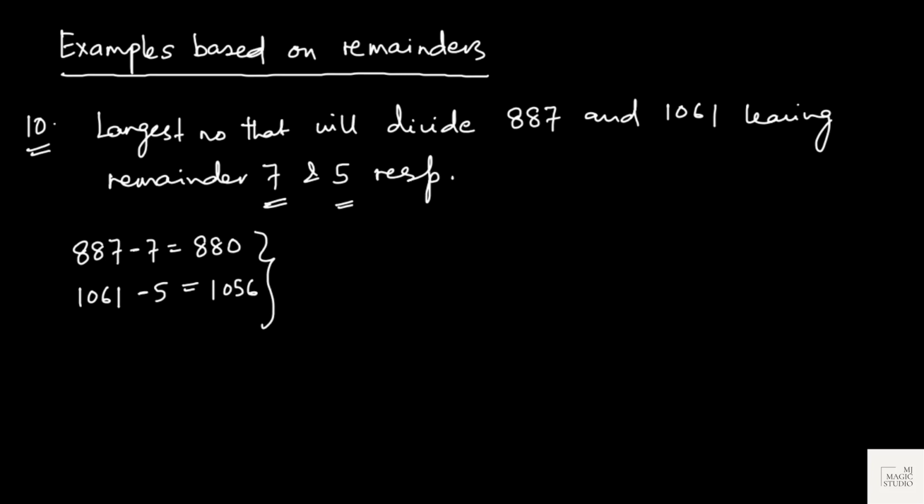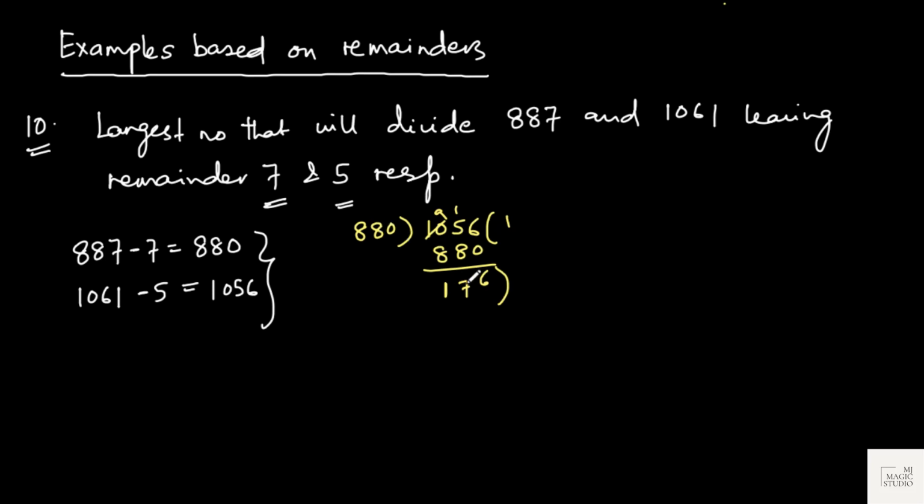Here I'll take up another process to find HCF, known as the long division method. Pick up a small number and divide the big number by the small number. It will go 1 time. 1056 minus 880 gives 176.